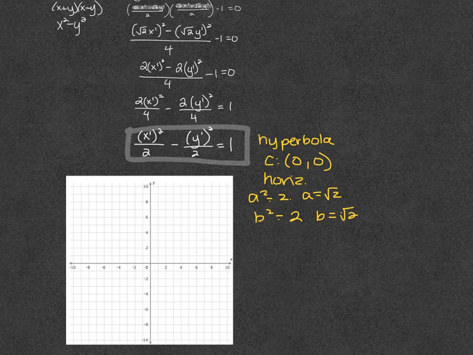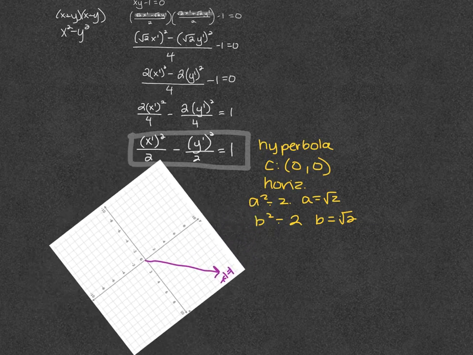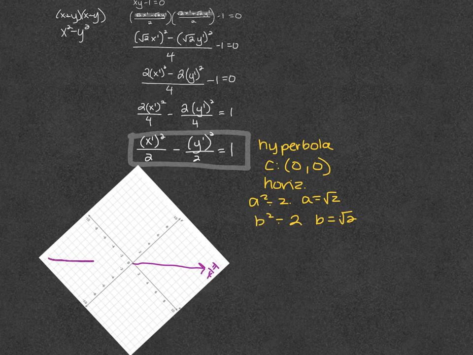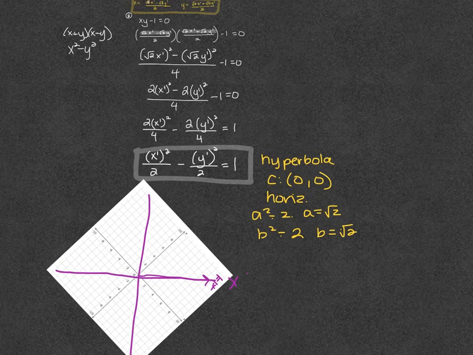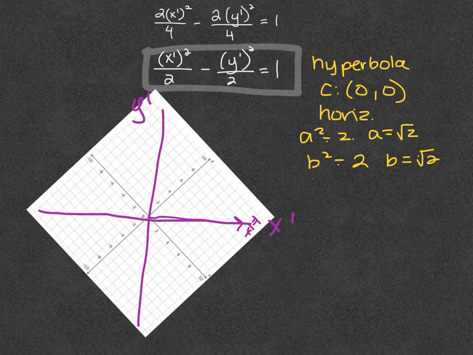What did we say theta was? Pi over 4, which is right in the middle at 45 degrees. So now I'm going to rotate it so that it is on the side where my x should be. That's my x prime, this is my y prime. And then I'm going to plot all the information I just found out about my hyperbola. My center is at 0, 0 on the rotated axis because it's x prime.